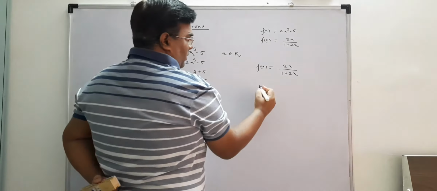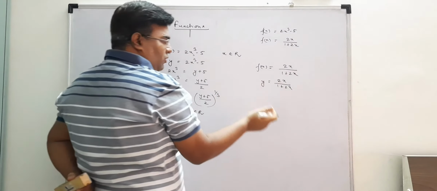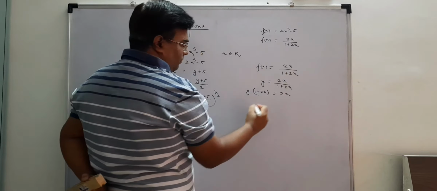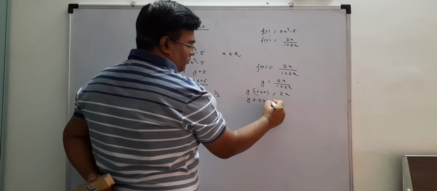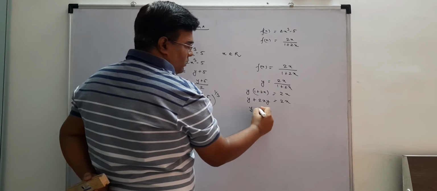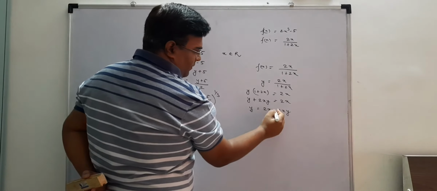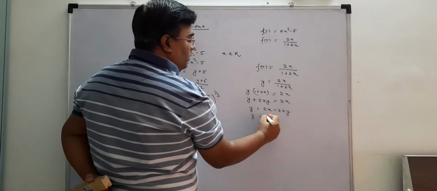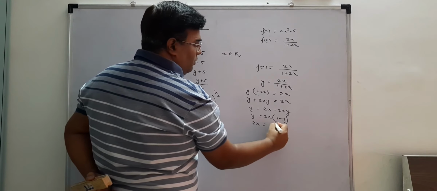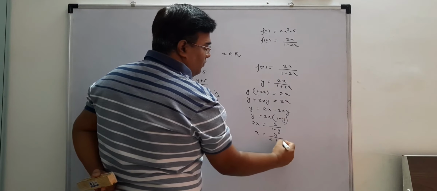So if we take this as y and then interchange the place of y, we get y(1 plus 2x) is equal to y upon 2.